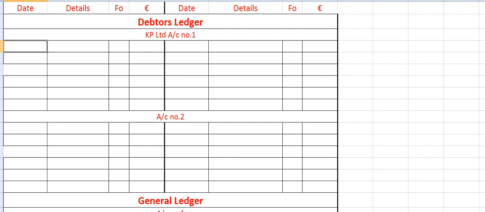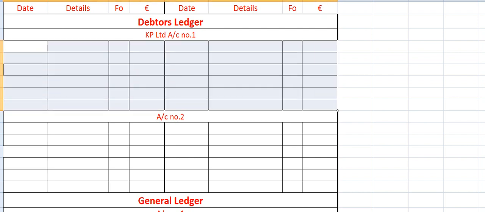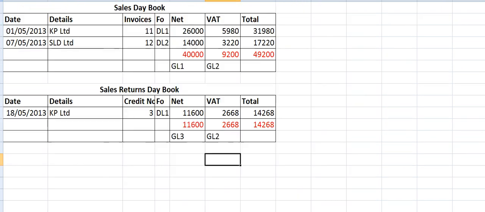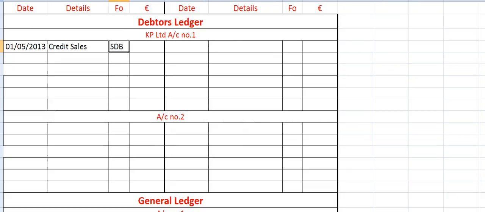And the amount is on the 1st of the 5th. Sorry, it should be in black. Just a sec. So on the 1st of the 5th, 2013, what is it here? It's credit sales coming from the sales day book, or the sales book coming from here. That's the total amount including the VAT, which is 31,980.